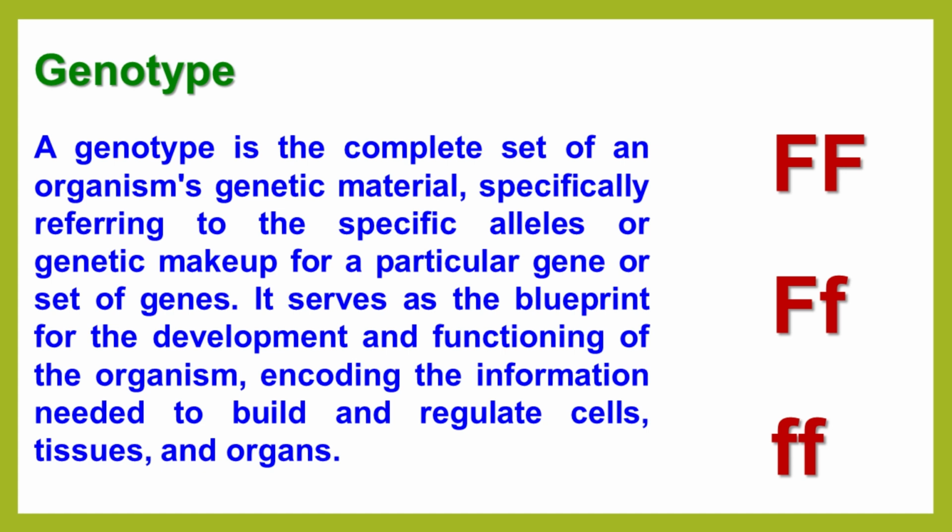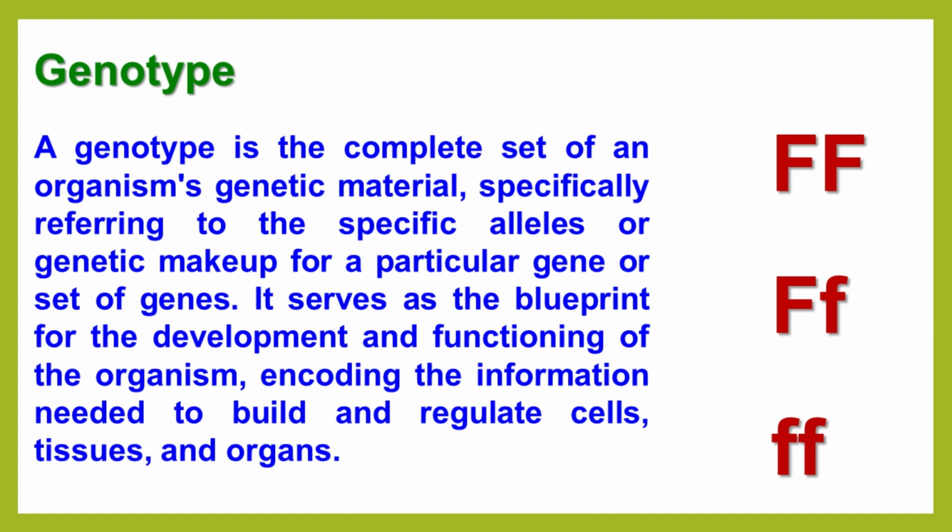Genotype is the complete set of an organism's genetic material, specifically referring to the specific alleles or genetic makeup for a particular gene or set of genes. It serves as the blueprint for the development and functioning of the organism, encoding the information needed to build and regulate cells, tissues, and organs.